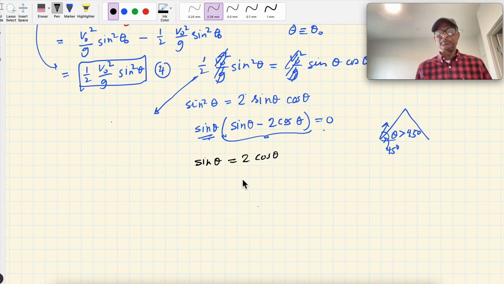and here clearly you can square it. Let's call x equal to cosine theta, then sine theta is the square root of 1 minus x squared, and this is 2x. Squaring both sides, 1 minus x squared equals 4x squared.